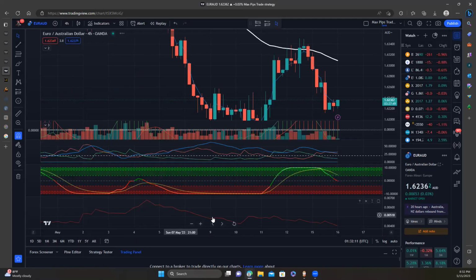Let's look at it on the 4 hour, the 4 hour in which we get our trend. Look at the ATR here, the ATR and the TDI, see the TDI coming out.